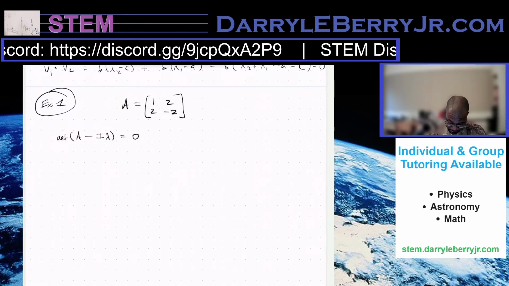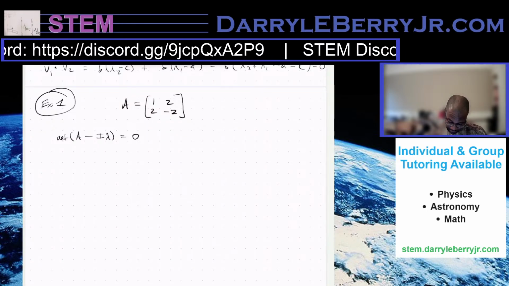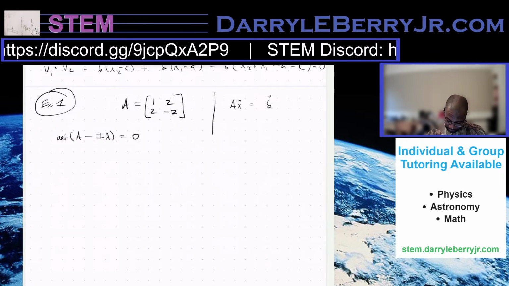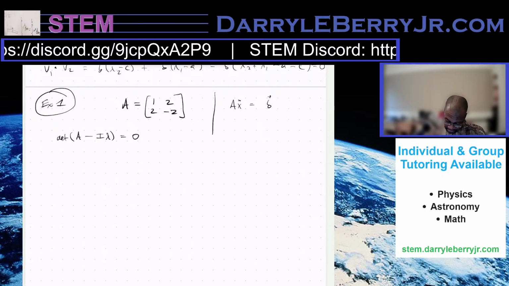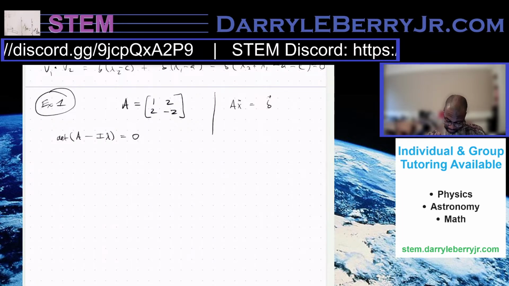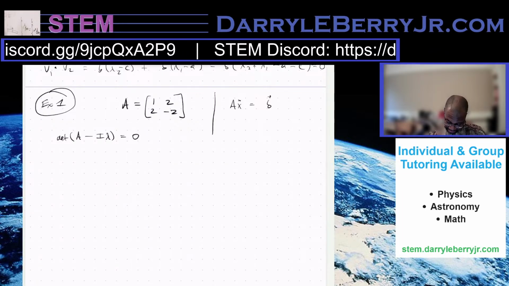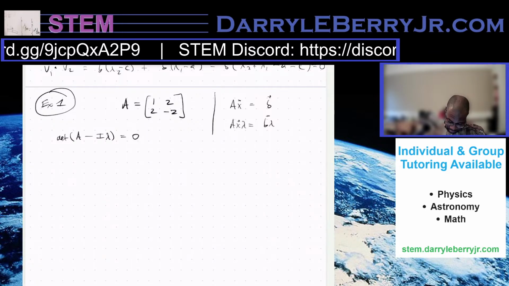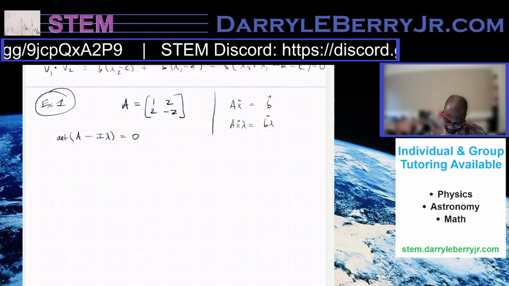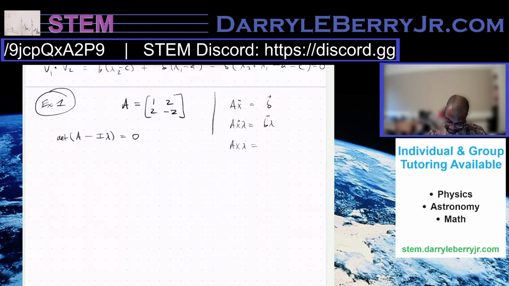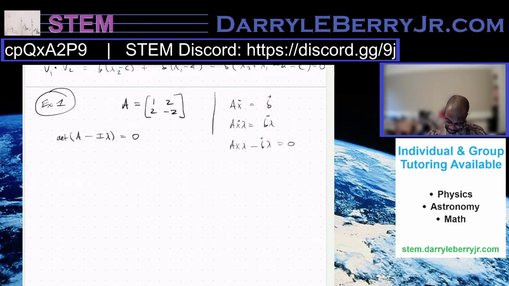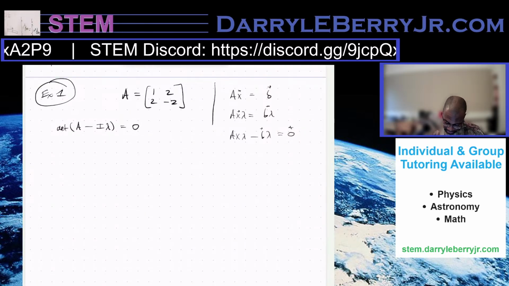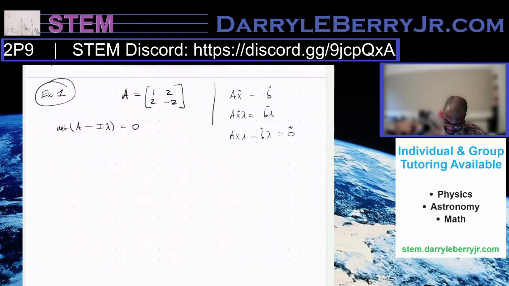Because if we were to take this matrix and multiply both sides by a value, I'm going to say a times lambda equals minus b lambda equals 0. And we can factor out the lambda.